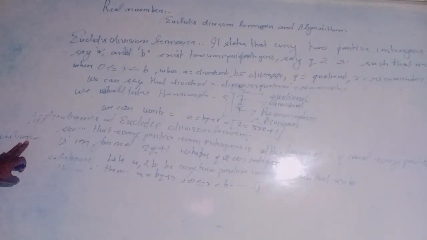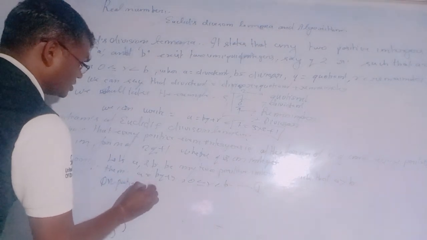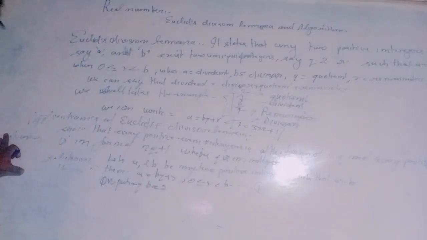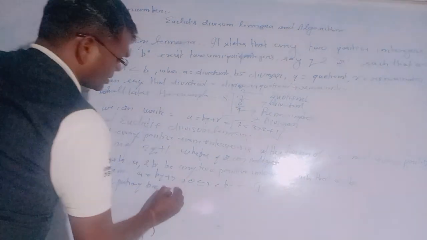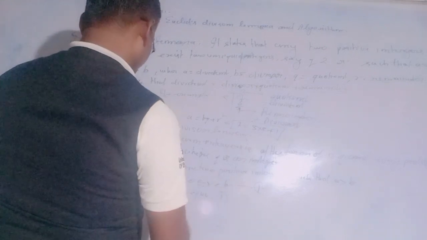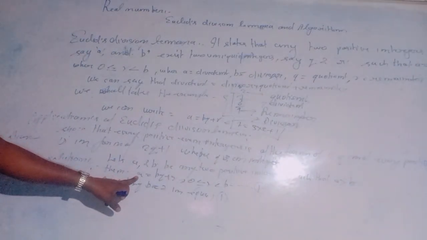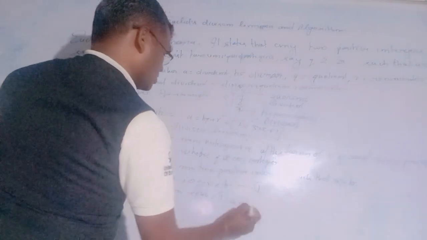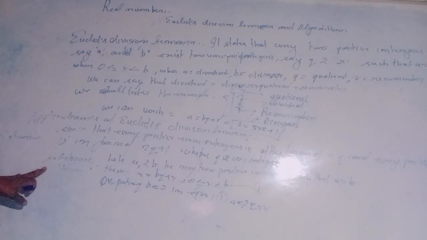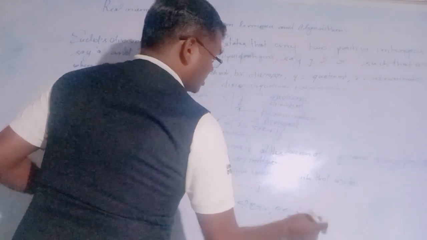We have identified this as the Euclid division lemma, equation 1. On putting b is equal to 2 in equation 1, we get a is equal to 2q plus r, where 0 is less than or equal to r and r is less than 2.